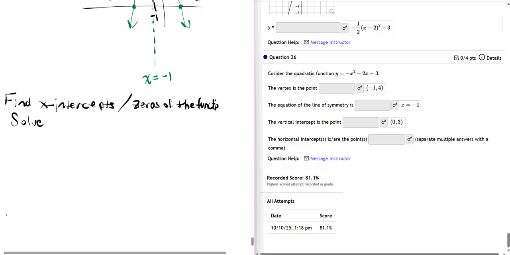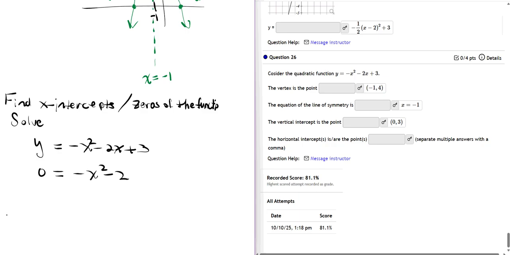Okay, so I'm solving where I was given y equals negative x squared minus 2x plus 3. So y is 0, and I'm solving this for x.